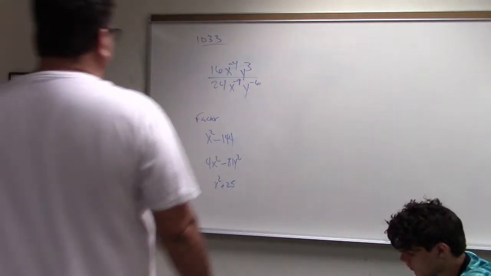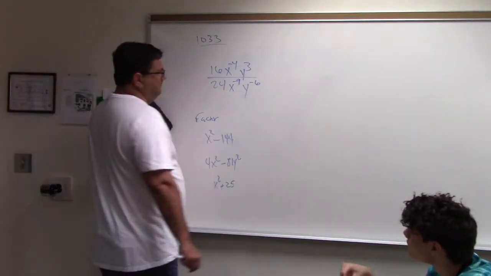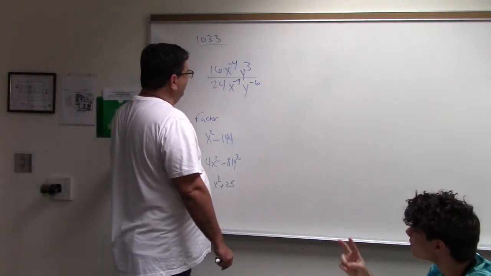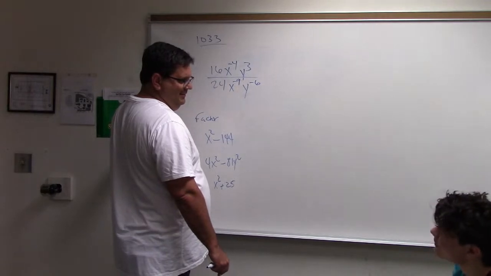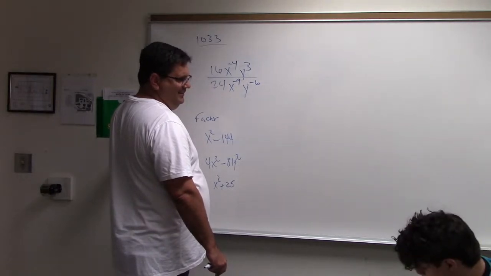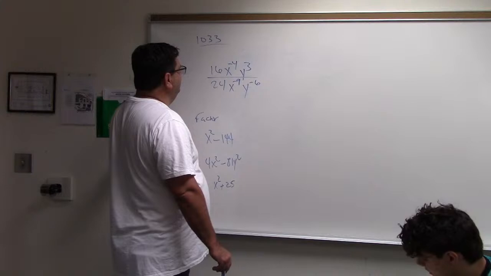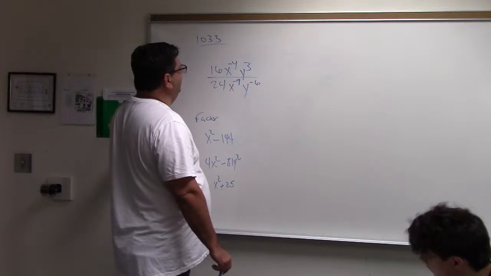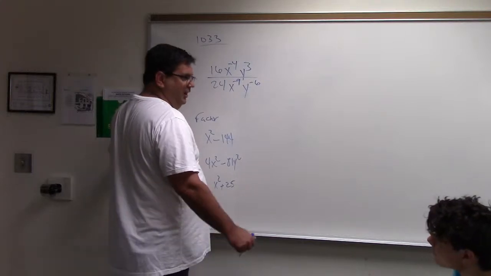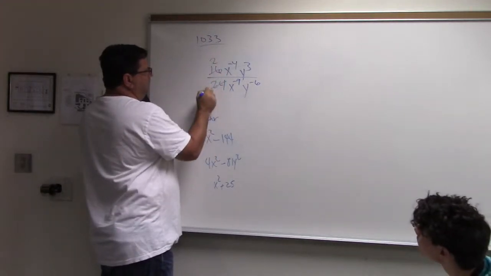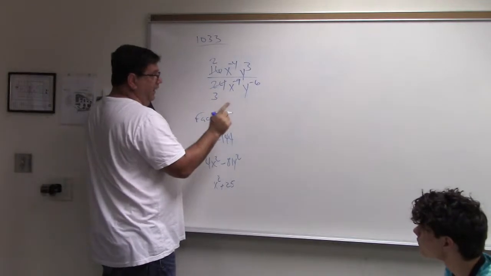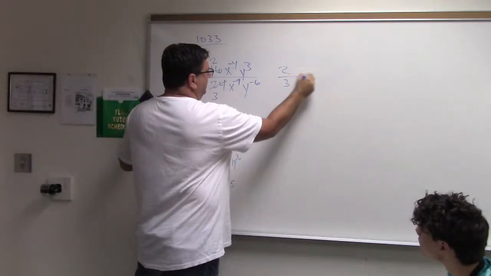All right, Enzo, what do you got for the first one? I have 2 different ones on the answer. Okay, give me the one that's your best one. I feel like it'd be 2x to the y to the 9 over 3. Yes, great job. So 16 divided by 8 is 2, 24 divided by 8 is 3. That part we got, right? So we got a 2 to 3 here.